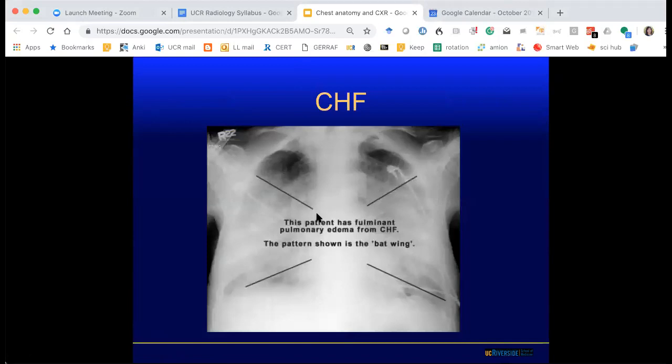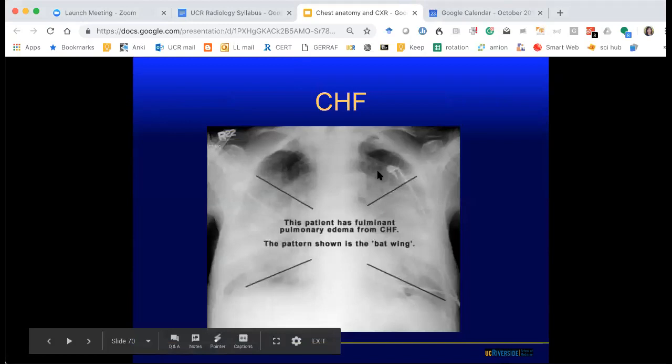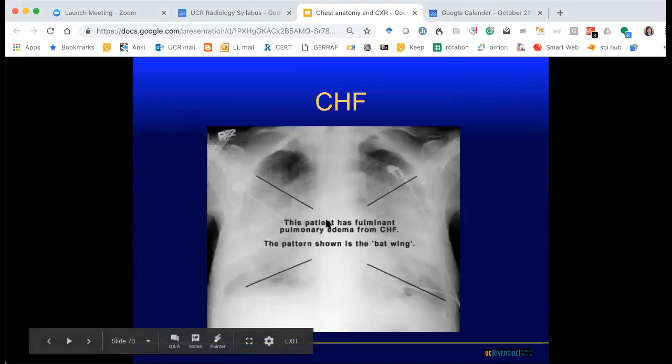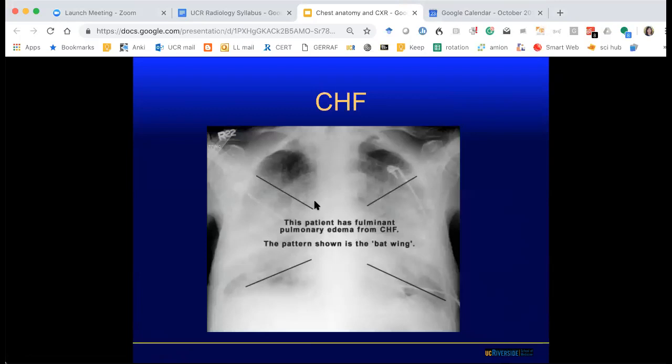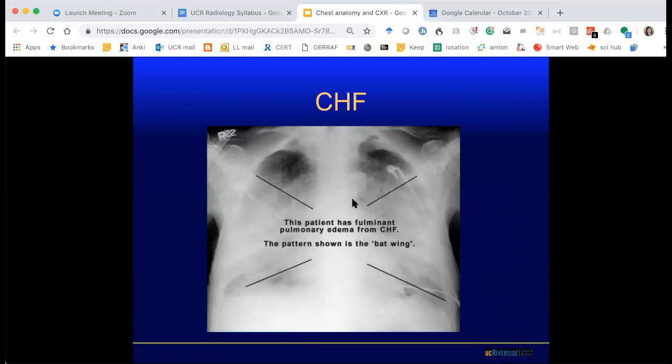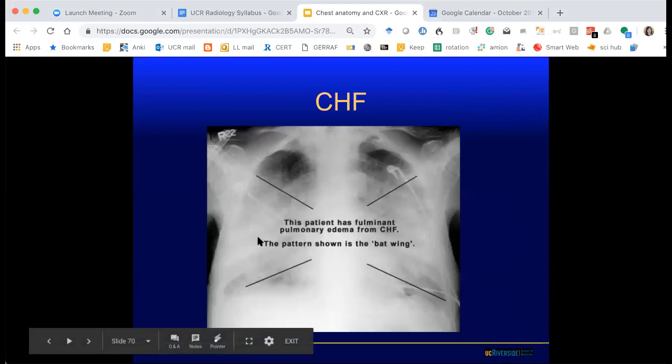It's a symmetric perihilar opacity that extends out into the pleural margins, and they call it bat wing because it looks like a bat wing, and it's usually due to cardiogenic pulmonary edema. In contrast to non-cardiogenic, which does not have a bat wing appearance, you just have fluffy airspace in the lungs, not in this distribution. This one tells you it is a cardiogenic source.